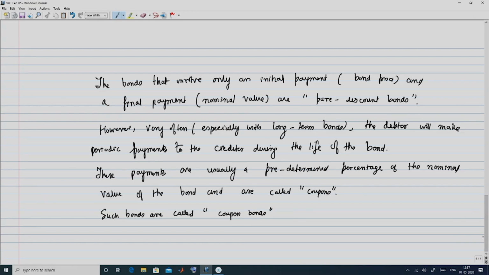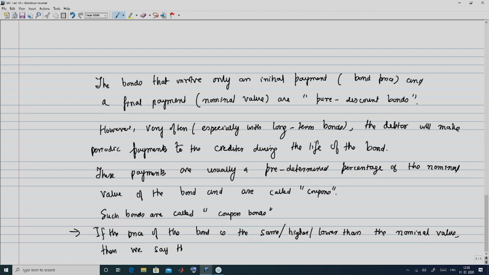Okay, so just to wind up, one more terminology that I want to introduce is the following: if the price of the bond is the same as, or higher or lower than, the nominal value, then we say that the bond sells at, above or below par.